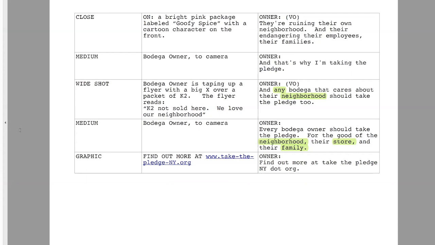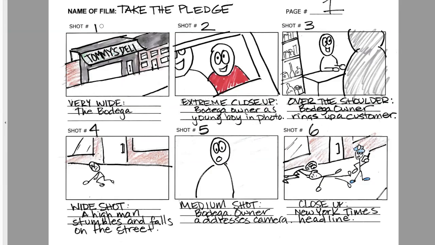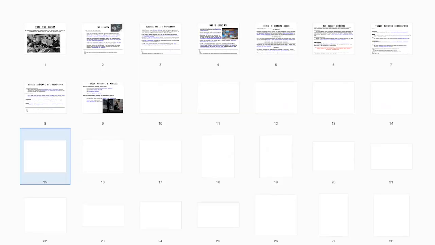Now, you'll see that the last thing you have to do is storyboards. Please don't be scared. You've seen my storyboards, they're awful. Here we go. Now before I do that, let me show you one of the big problems that students run into.